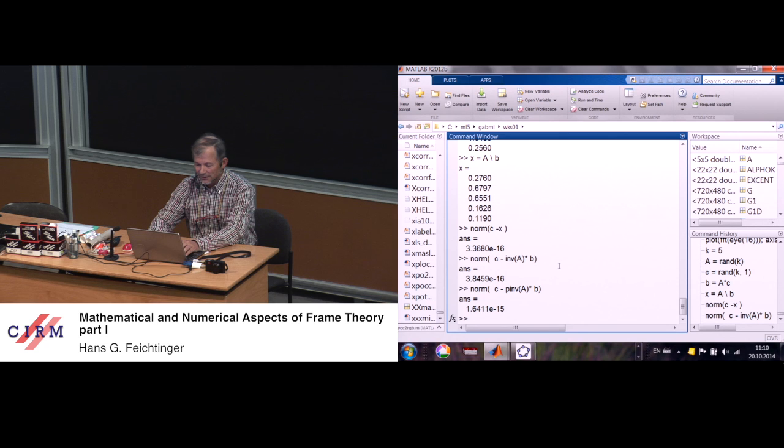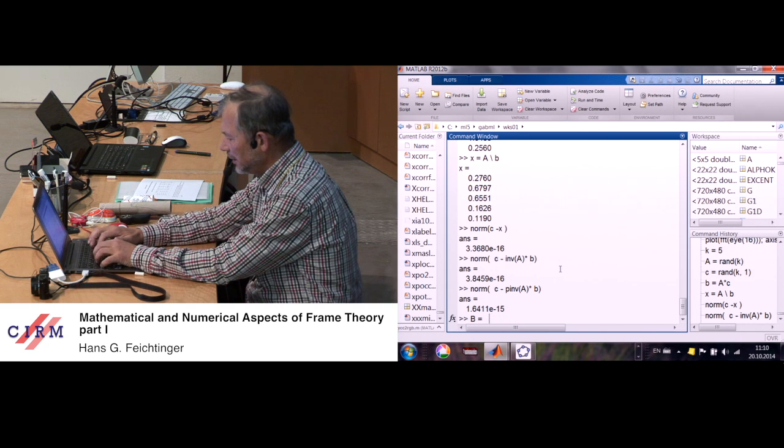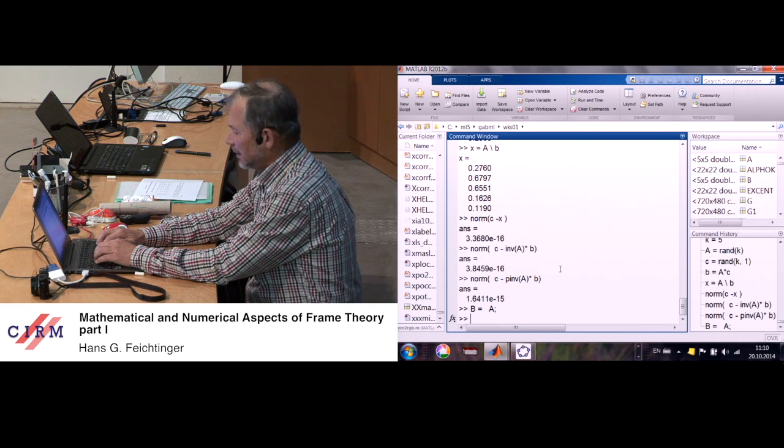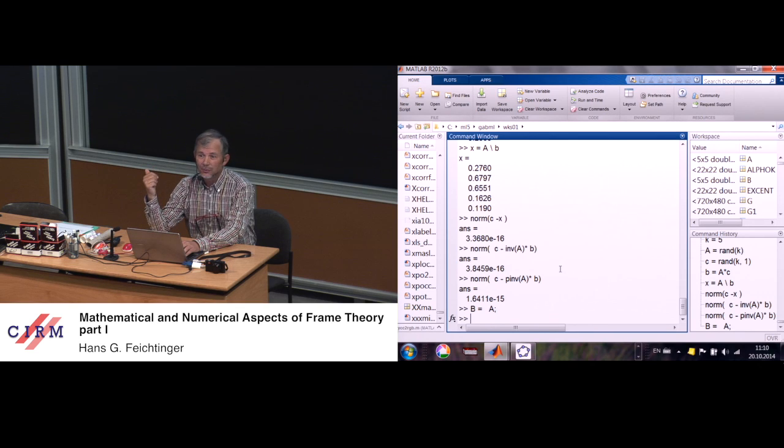The other thing is, if I take B equal A, I say, well, what if A would not be an invertible matrix, but a matrix which is not of full rank? So I produce out of my A, I destroy two columns, and I choose columns number 3 and 5 to be linear combinations of the earlier columns.